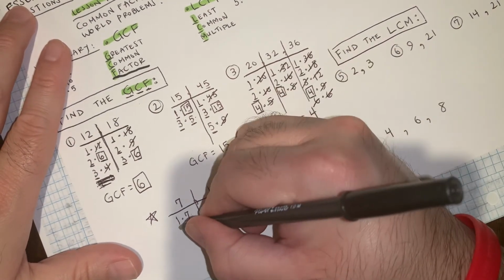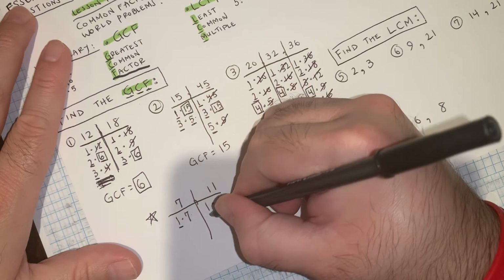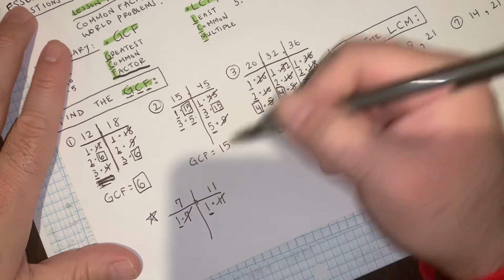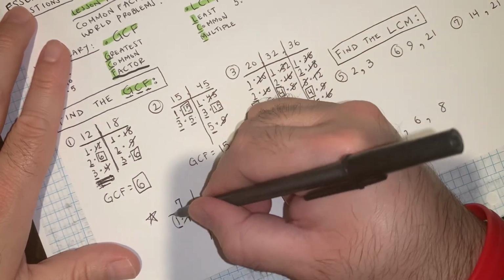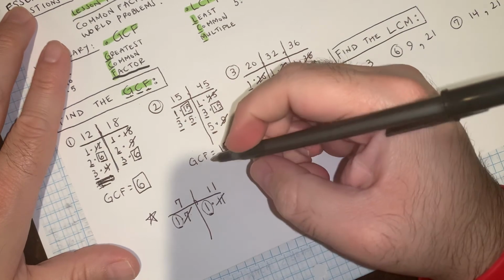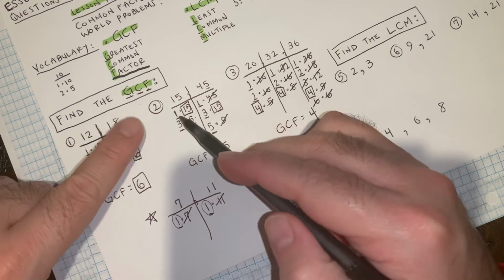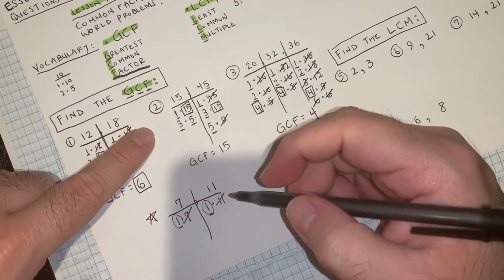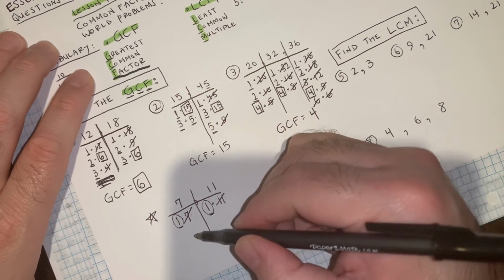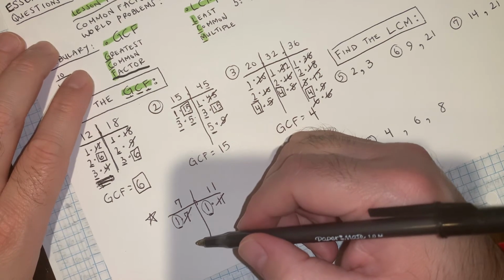So you can see that 1 is common and 7 is not common. So the only thing left over is your 1. However, 1 is always common on every single number. Every single number has 1. So since every single number has 1, it's not really a GCF.